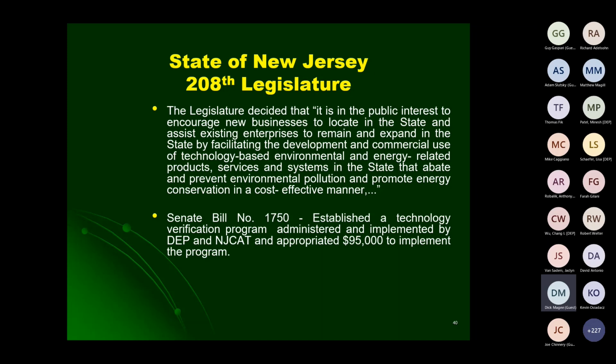That resulted in the 208th legislature, which ran from July 1, 1999 through June 30th, 2000, establishing a technology verification program, Senate Bill number 1750, and appropriating $95,000 to implement the program. I will tell you that is the only appropriation from the state to date to support this program, and it has run on basically vendor money along the way.